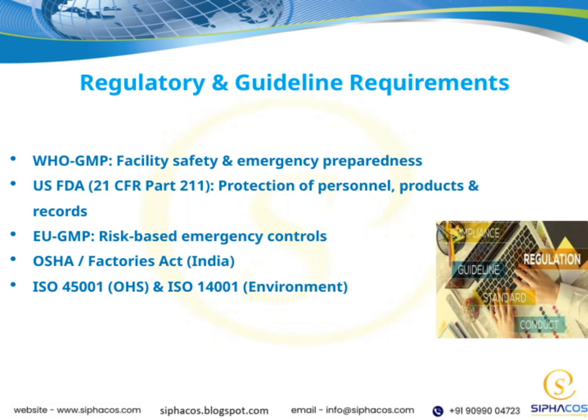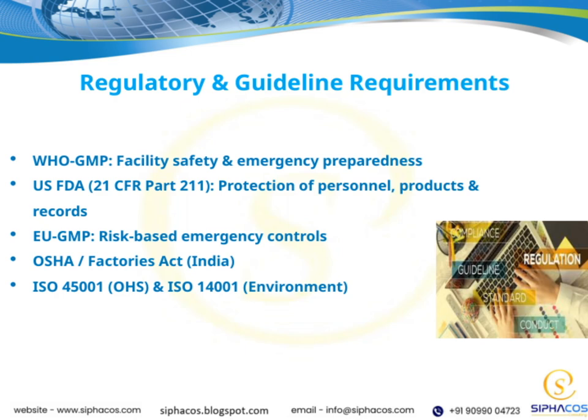In the European context, EU GMP emphasizes risk-based emergency controls. This approach encourages us to identify potential risks proactively and implement controls that are proportional to those risks, rather than using a one-size-fits-all method. It's about being smarter and more efficient in our emergency preparedness.